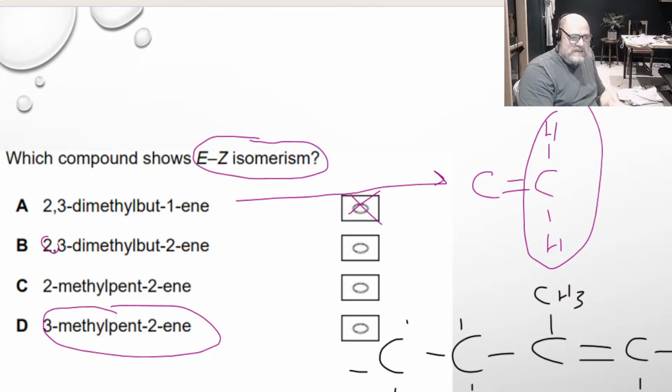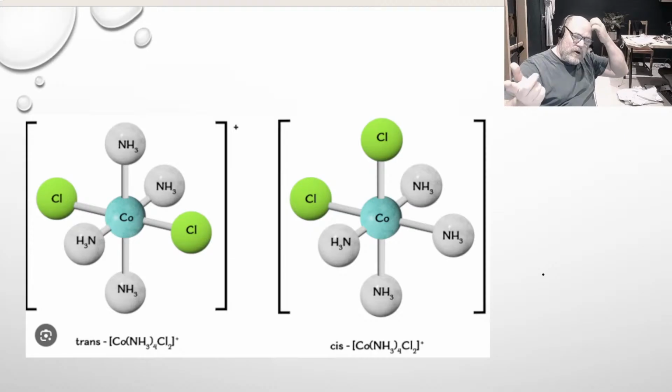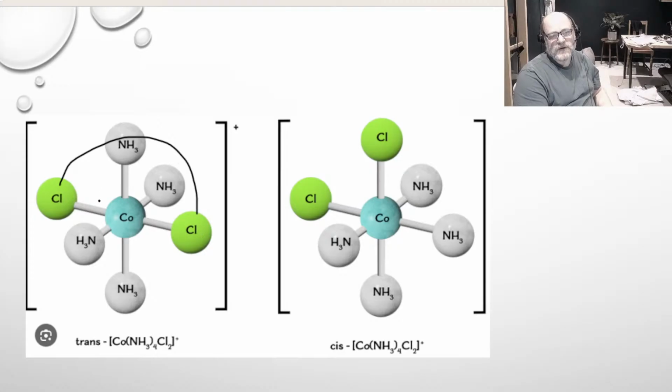All right, last thing I want to go over before I finish up: when you do A level, A2, you're going to come across geometric isomerism with your complex ions. This is an octahedral structure, and weirdly, if any of the groups are 180 degrees apart, so these two identical groups are either side of the metal ion, we say that it's trans.